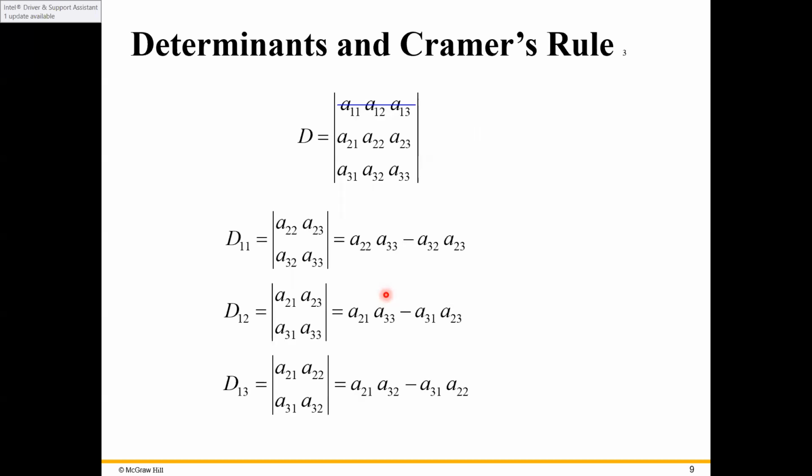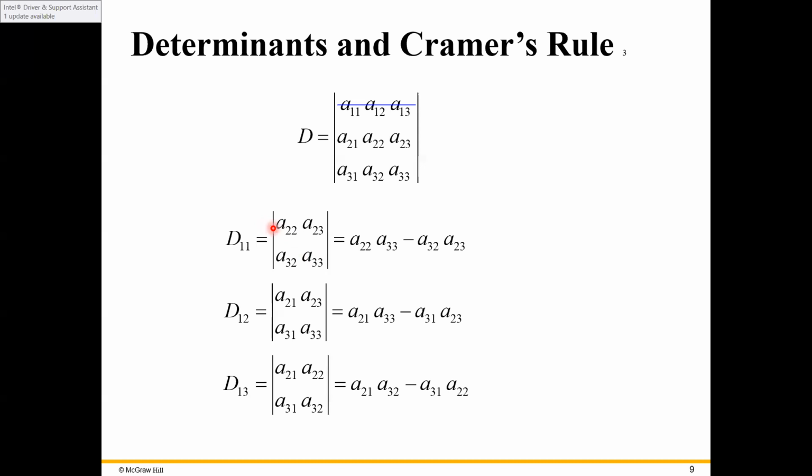Such as for a coefficient matrix of order 2, the determinant will be found by multiplying the diagonals.